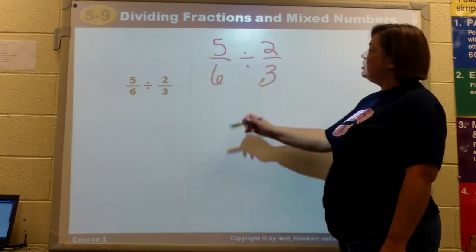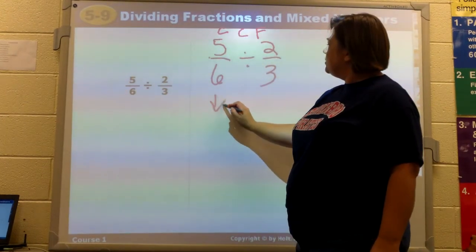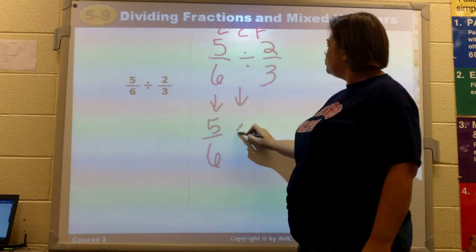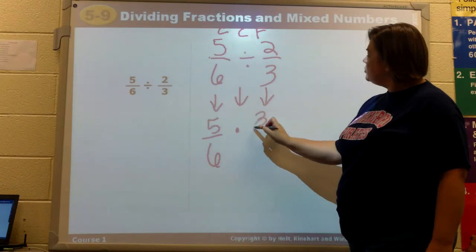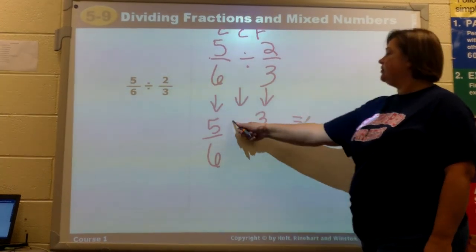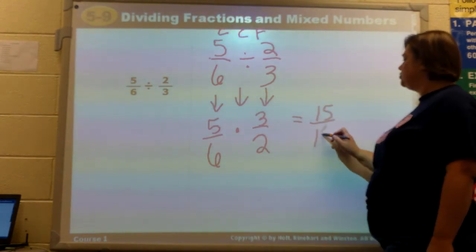I'm going to do my copy, change, flip. So I copy the first one exactly the same, change the sign from division to multiplication, flip the second fraction to 3/2. Now I multiply like normal. 5 times 3, 15. 6 times 2 is 12.